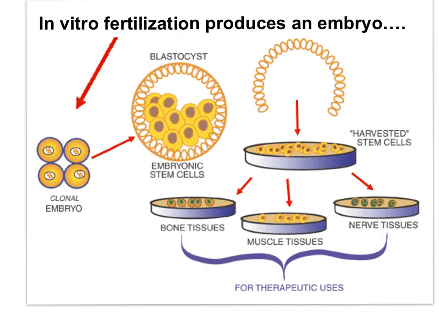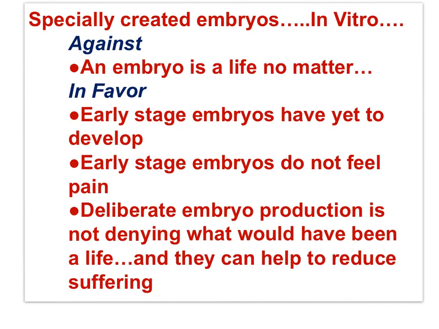In vitro fertilization, the fusion of sperm and egg in a petri dish outside of the body, results in an embryo whose stem cells could be used to produce new specialized tissues. Is this ethically acceptable? Here's an outline of the arguments around using embryos as a source of stem cells.